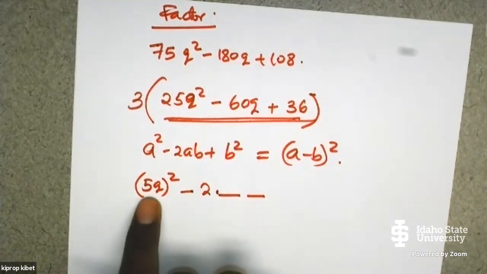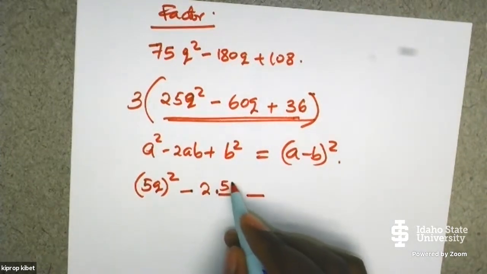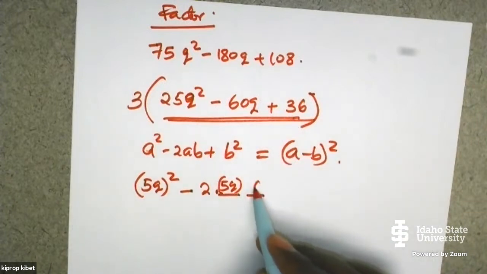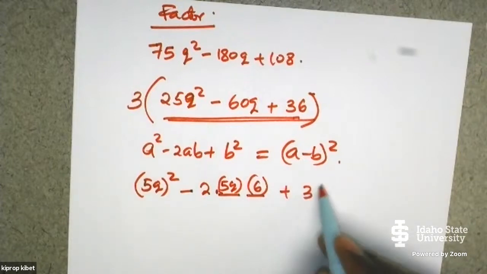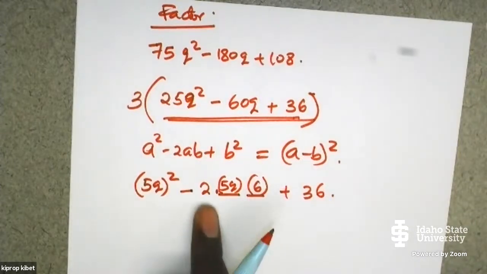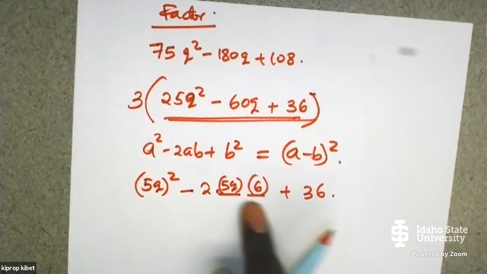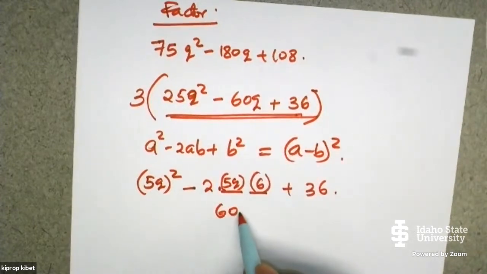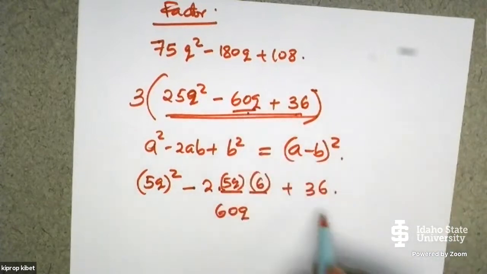Our a, we already have, is 5q. Our b is 6, plus 36 there. If you look at this, 2 times 5 is 10, 10 times 6 is 60q. It's still similar to that, and this one is 6.